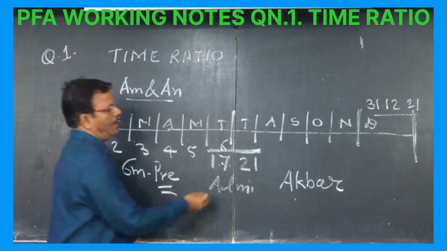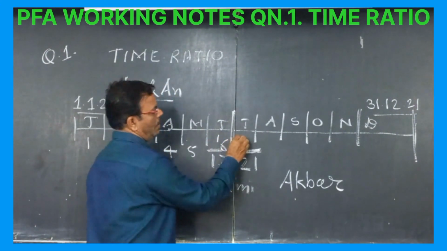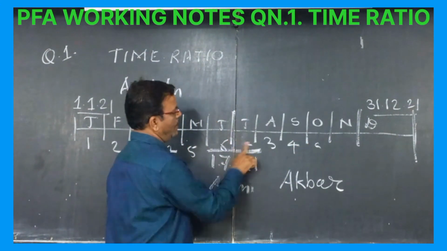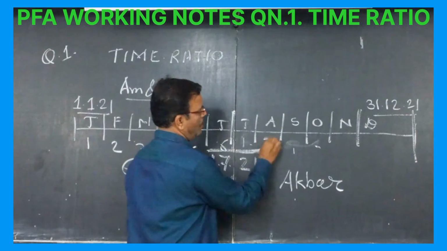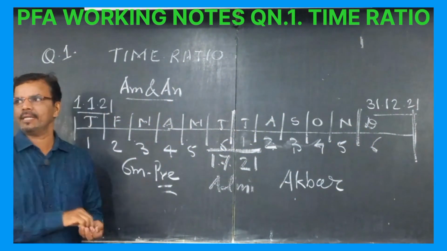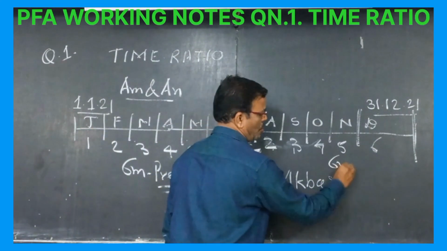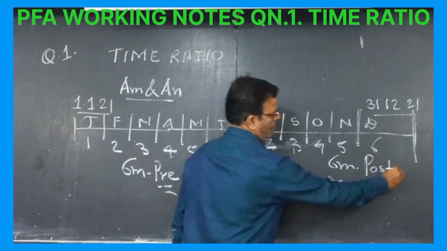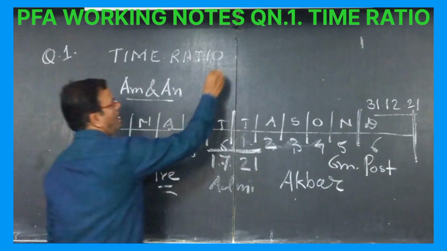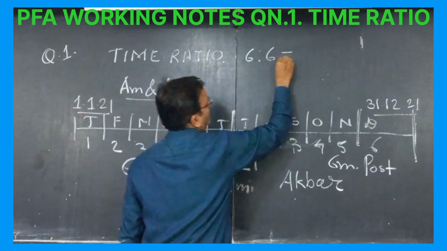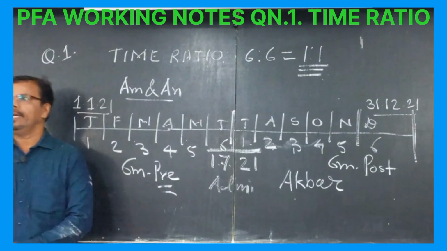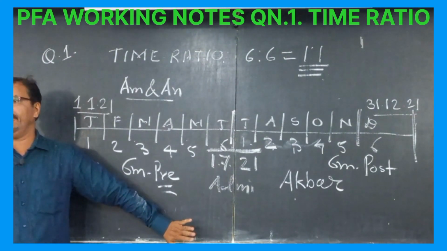After the admission of the partner, July, 2, 3, 4, 5, 6, these are the 6 months, and this is called the post-period. So pre-6 and post-6, this is 6:6. Therefore the time ratio is 1:1. In each and every case we have to find the time ratio in this way.